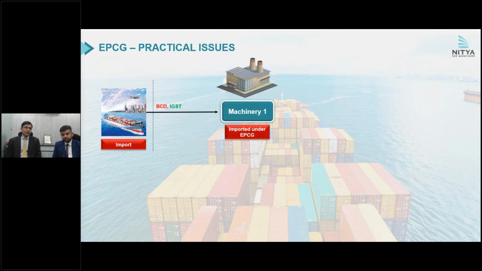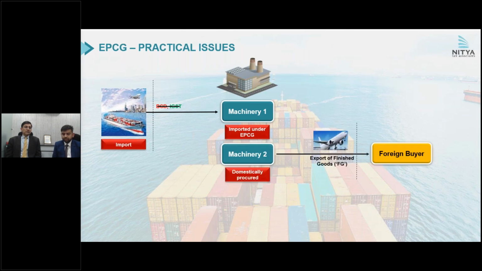Another example is, suppose you are importing goods and you have taken the license for this machinery 1, and you have saved the duty of BCD and GST, and suppose you have another machinery from where you are manufacturing goods and exporting the same.